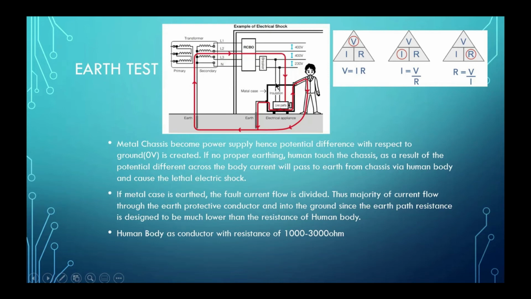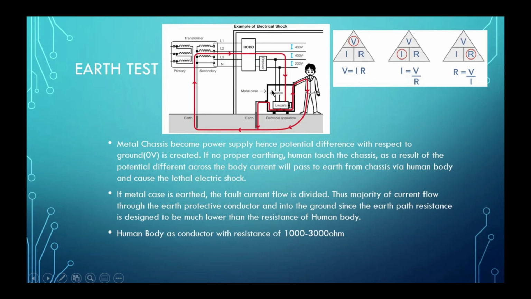If this wire is not properly insulated, then the copper wire inside the live will touch this metal case. So, for example, 230 volts coming down means this metal case will become 230 volts potential. It will create a potential difference between this metal case and the ground.